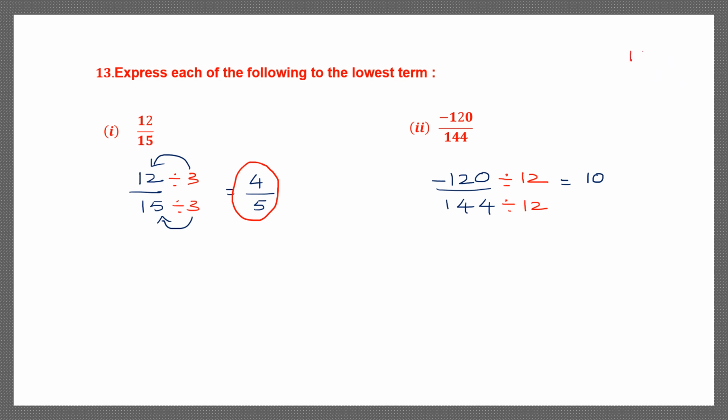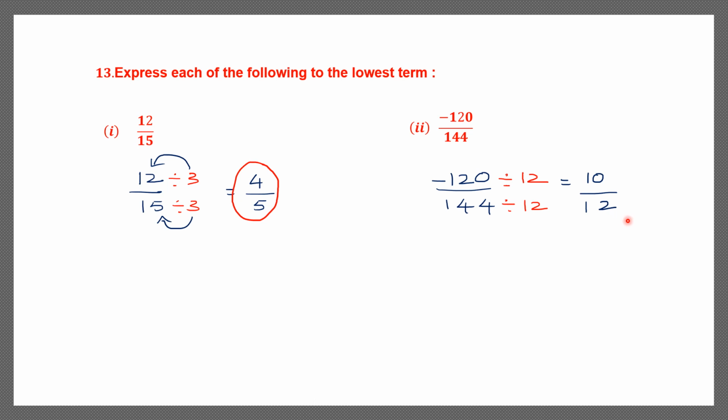So 144 divided by 12. 12 ones are 12, and then I minus, I get 24. 12 twos are 24. So 12 into 12. 12 into 12 is 144. So my denominator is 12. But if you look carefully, you can see that 10 by 12 is not in the lowest term.